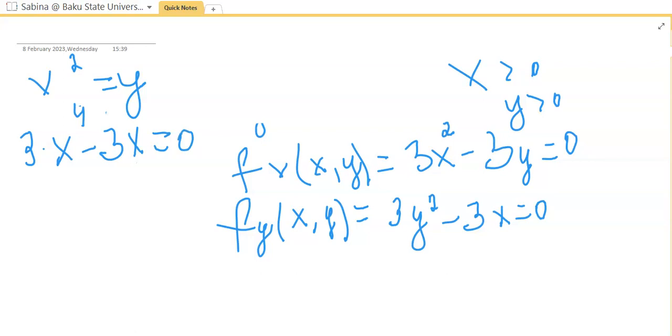Let's divide both sides of the equation by 3. We'll just get x to the power 4 minus x is equal to 0. And then x times x cubed minus 1 is equal to 0.